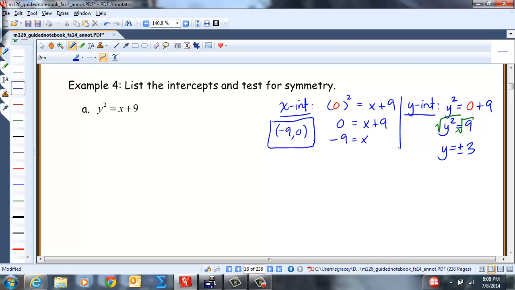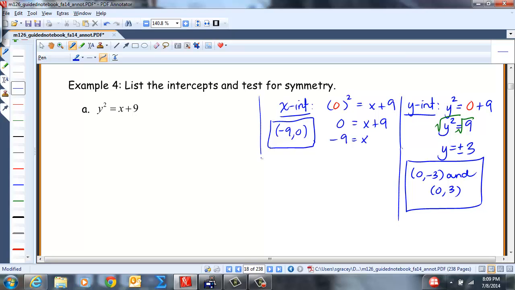So you get two y-intercepts, 0, negative 3, and 0, 3. So, testing for symmetry.